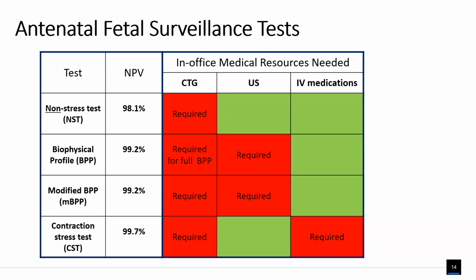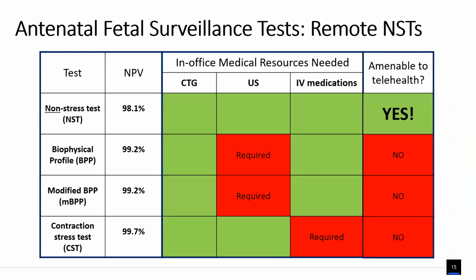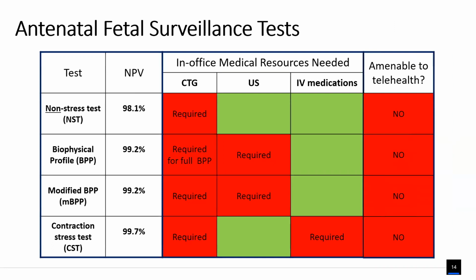Adding ultrasound to the non-stress test can get you an incremental increase in the negative predictive value, but it does require a significant increase in resources and might be more difficult to translate into telemedicine. Currently, since the CTG devices are in your office and we don't have anything to send the patient home with, telehealth in this field is not developed.